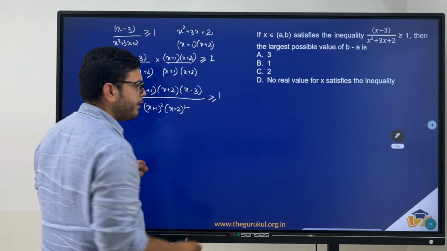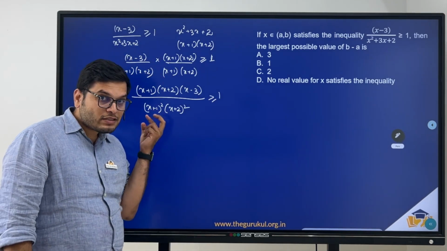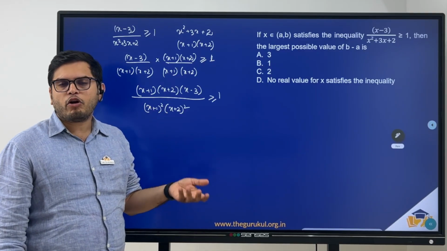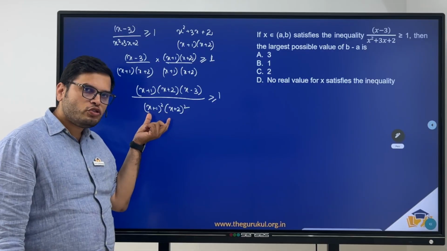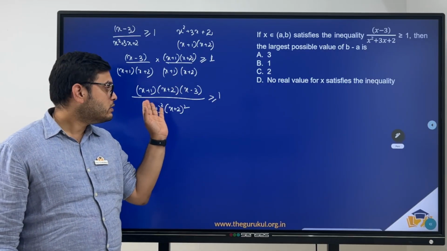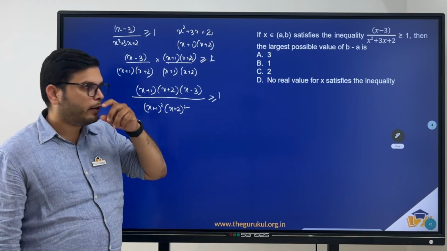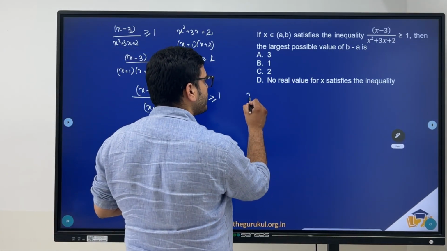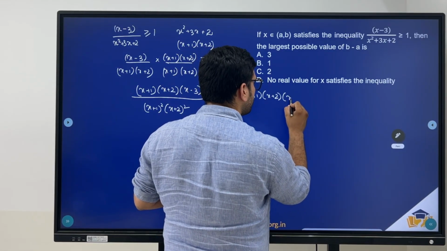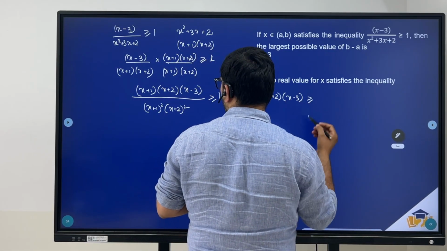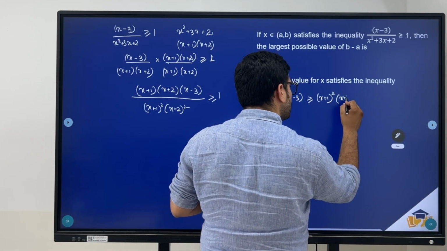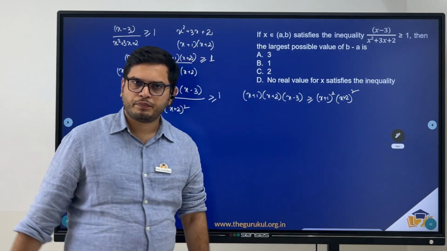Now this is greater than 1. Now I can say that the denominator is non-negative, and since it is in the denominator, it cannot be 0 as well, so this should be positive. Now I can cross multiply with that and send it to the other side of the inequality. So this becomes (x plus 1) into (x plus 2) into (x minus 3) should be greater than or equal to (x plus 1) whole square into (x plus 2) whole square.